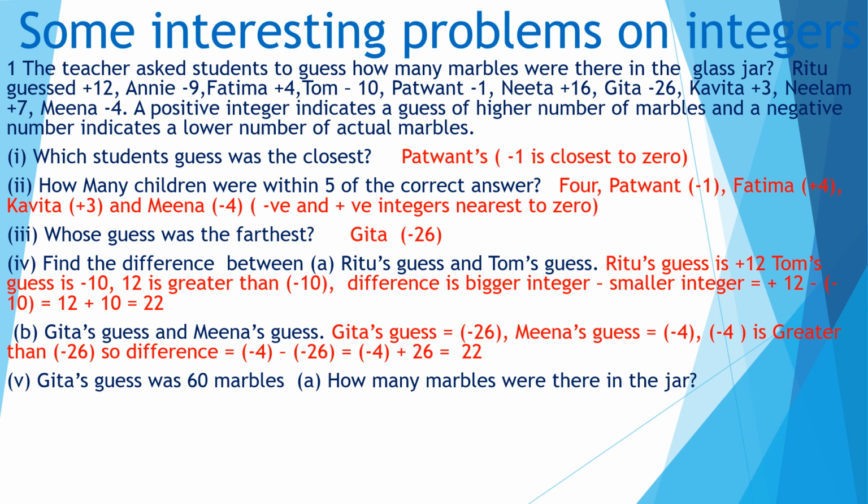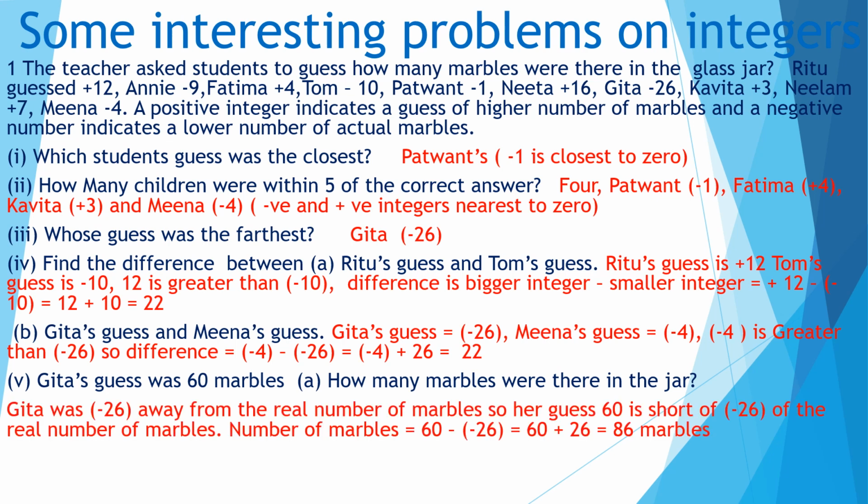Geeta's guess was 60 marbles. How many marbles were there in the jar? Now Geeta's guess was -26 away from the actual number of marbles. So her guess 60 is less, -26 of the actual number of marbles.